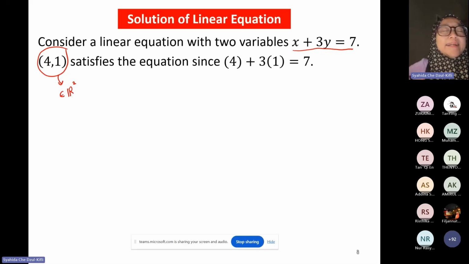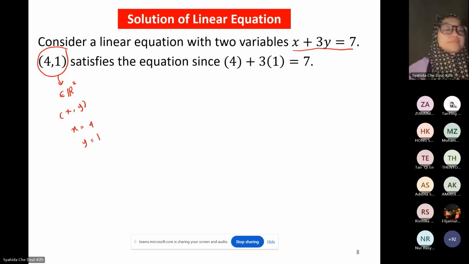We call (4, 1) a two-tuple point, as it contains two components. 4 is the first component, 1 is the second component. Or we may say that 4 is the x component and 1 is the y component. So here x is equal to 4 and y is equal to 1.